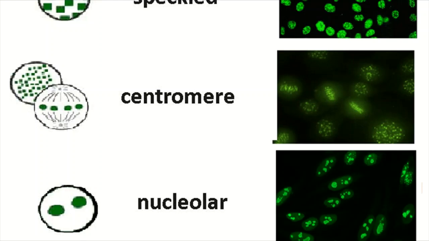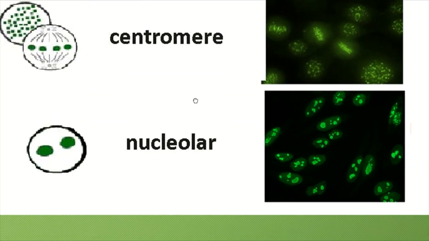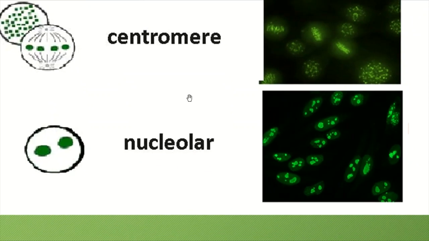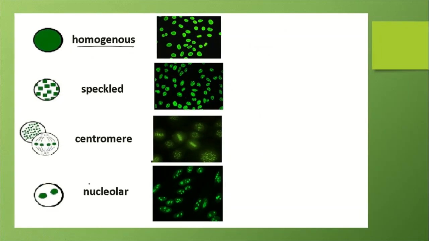This is the centromeric pattern of immunofluorescence. And last but not the least, you are going to have the nucleolar pattern. The nucleolar pattern looks like a very coarse, large globule-like immunofluorescence of the nucleoli. Can you appreciate this on the right side? Yes. These are your different types of immunofluorescence.